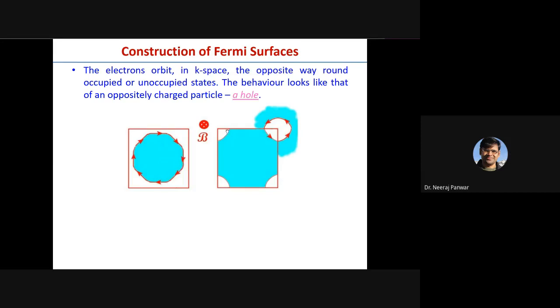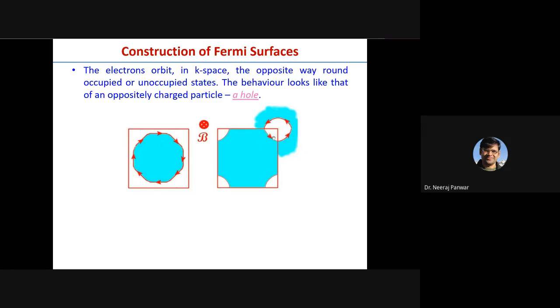But here I told you these empty states are the hole-like states. So if the electron is moving here in the hole-like states and the outside region is occupied by electrons, it will move in the opposite direction. Here the electron is moving at the boundary of a filled state in this direction, and here it is moving at the boundary of an empty state in the opposite direction.